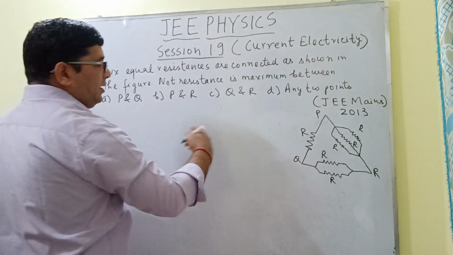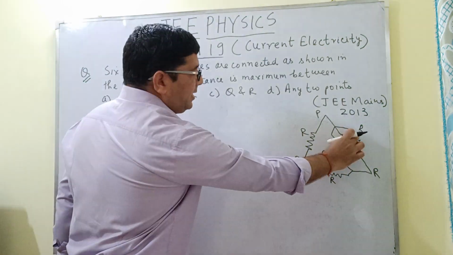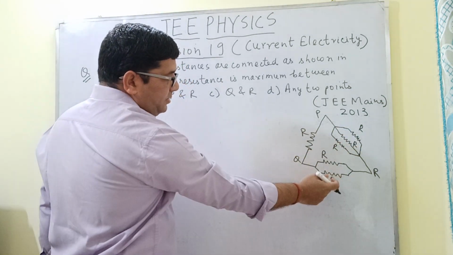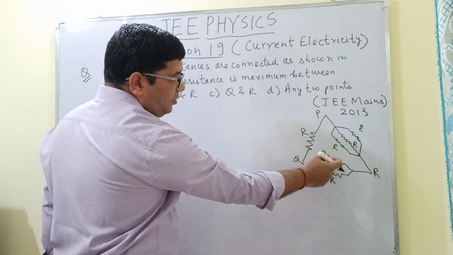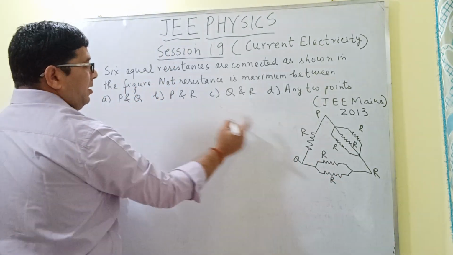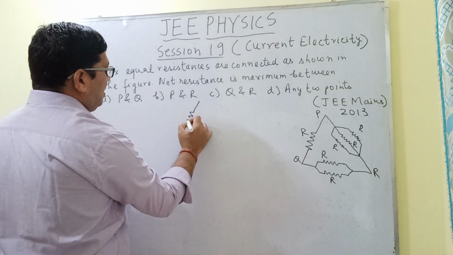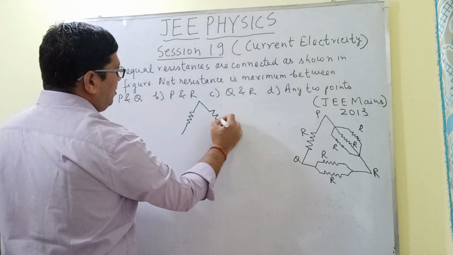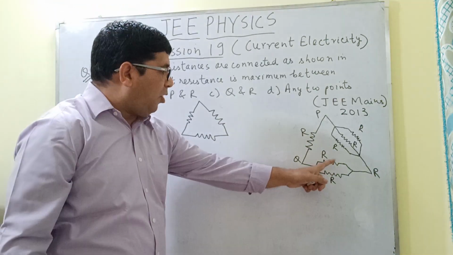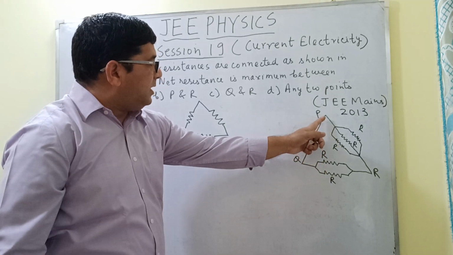So I will be just drawing another figure in which I will be taking the equivalent resistance of these three resistances, and the equivalent resistance of these two resistances which are connected between these 2 points, that is Q and R. So the equivalent figure, in which I will be taking the equivalent resistance of the resistors which are connected between the point Q and R and the point P and R.